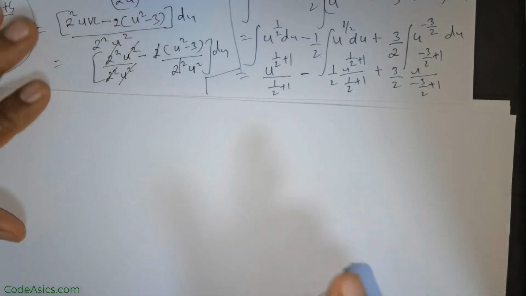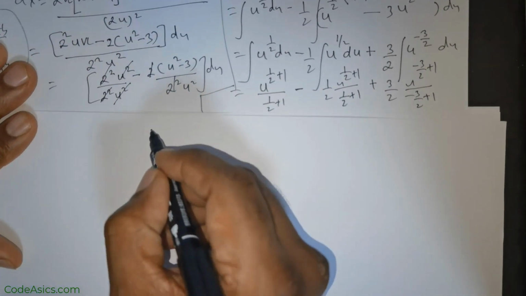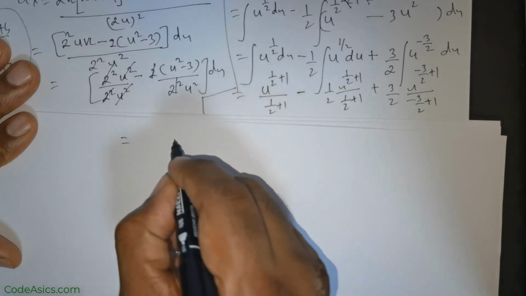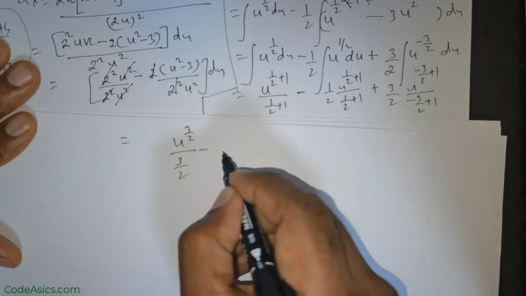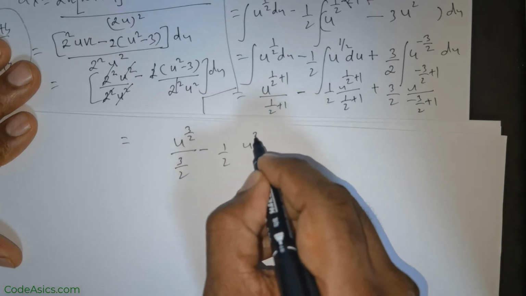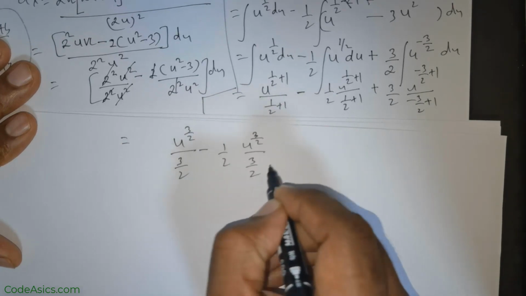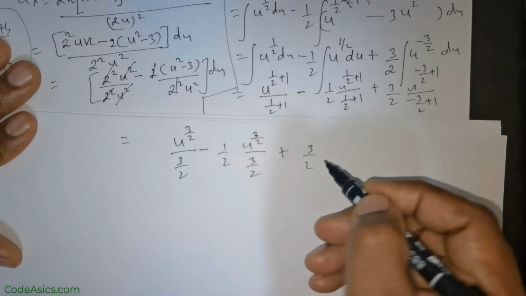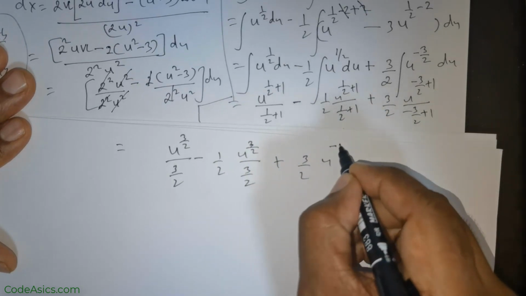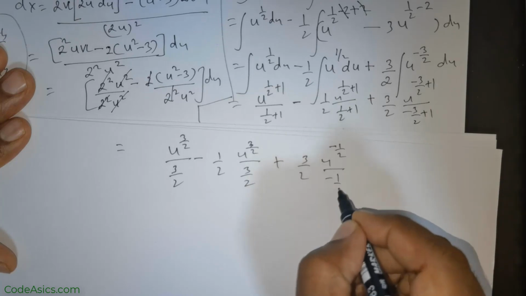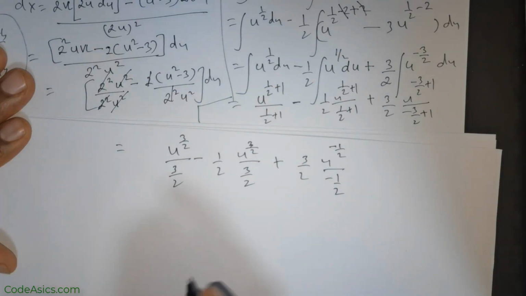Okay, so I can rewrite this as u raised to the power of 3 over 2 divided by 3 over 2, minus 1 over 2 u raised to the power of 3 over 2 divided by 3 over 2, plus 3 over 2 u raised to the power of, this is going to be negative 1 over 2 divided by negative 1 over 2.